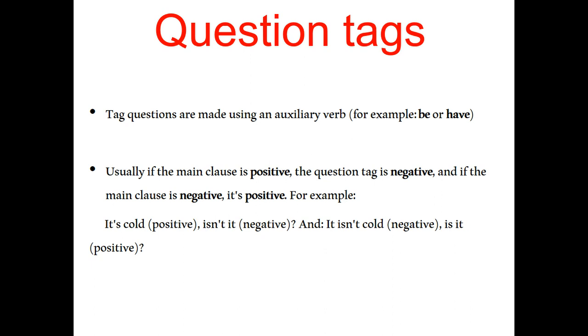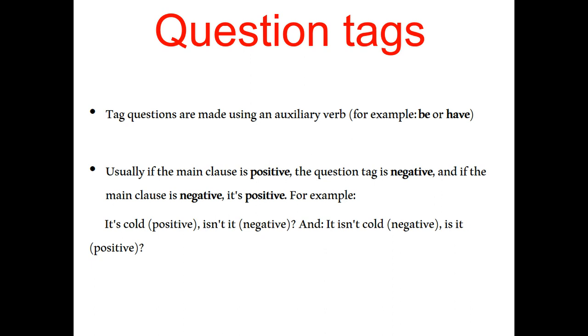Okay, we have have and has. We use have with I, we, you, they. With these subjects we have to use have. We cannot say I has, we have to say I have. We use has with he, she, it. Do not forget.